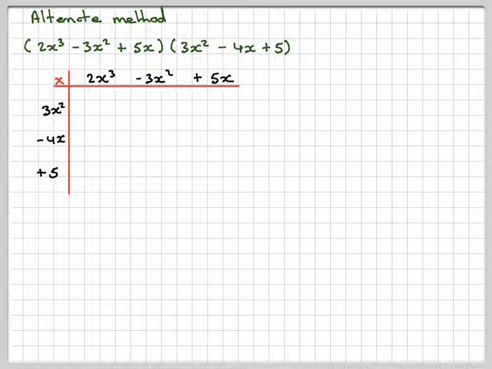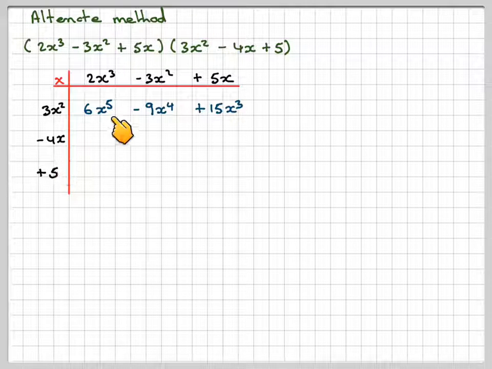3x squared times 2x cubed is 6x to the 5. 3x squared times minus 3x squared gives minus 9x to the 4. 3x squared times 5x gives me 15x cubed. Minus 4x times 2x cubed gives me minus 8x to the 4.